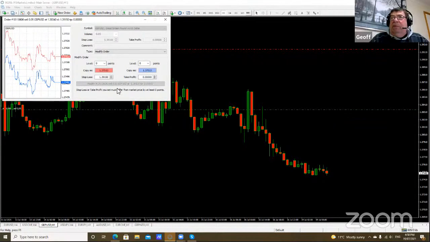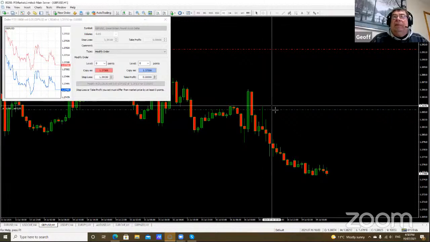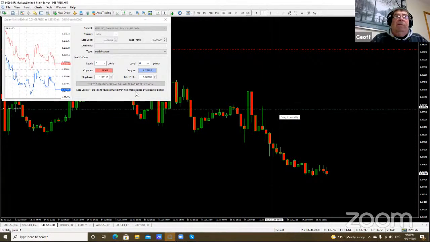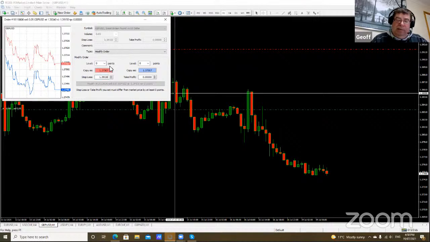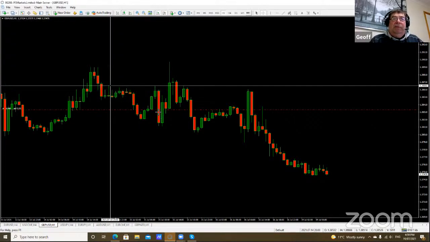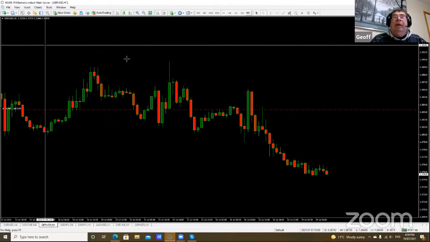Now, the entry level was, goodness only knows. Let's see if we can find that. It was 138.34, let's say. So let's go to 138.34. And there you go, stops are now at entry. So this won't be a losing trade, full stop.